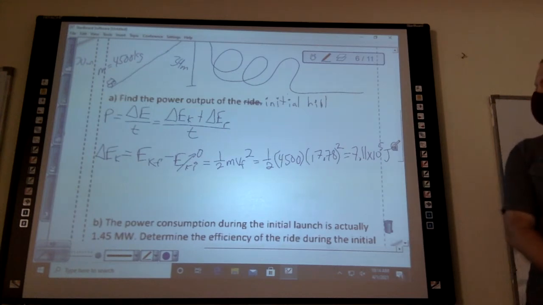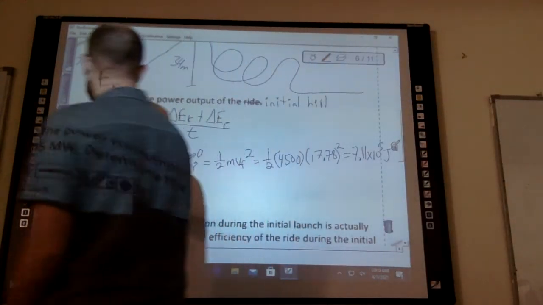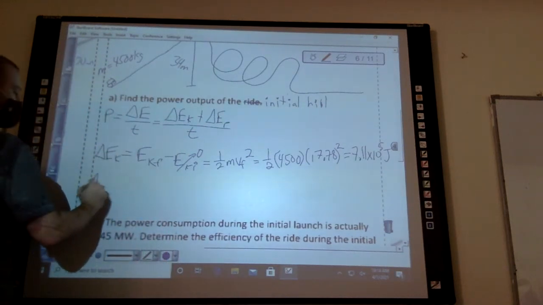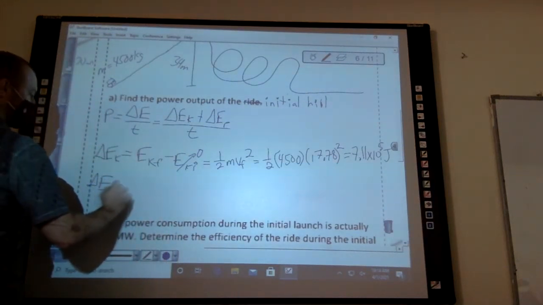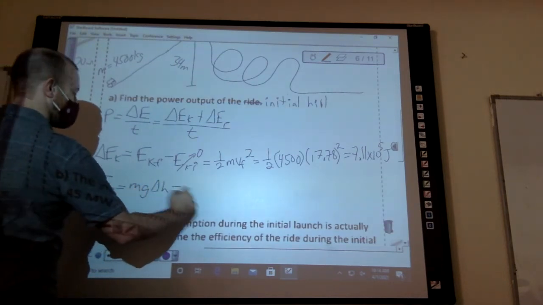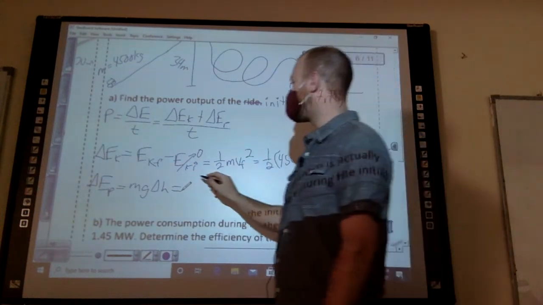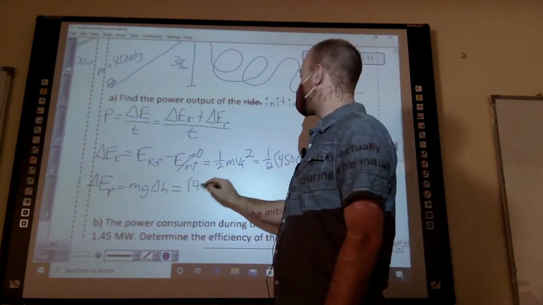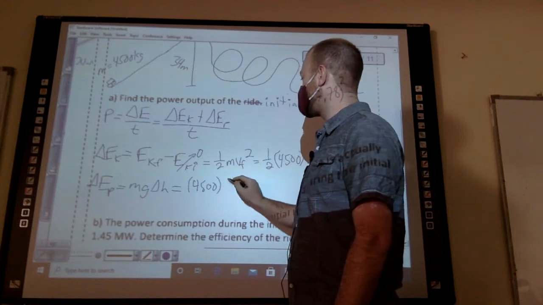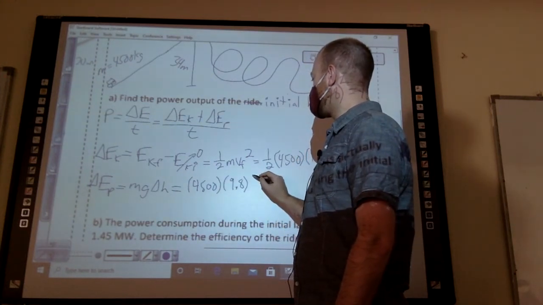We increase kinetic, and we're going to look at potential. This is the easy one. mgΔh, mass, gravity, we got the change in height, not too bad. So 45.